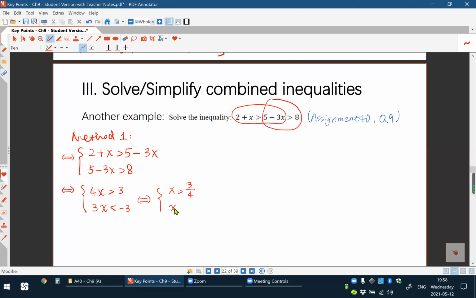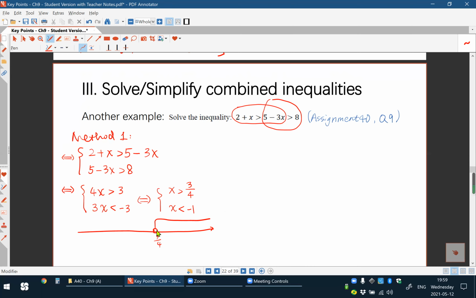And second inequality gives us x should be smaller than -1, right? So next we should find the intersection area. First is x should be greater than 3/4. So greater than 3/4 is this one, right?